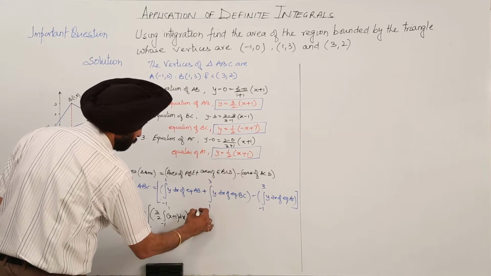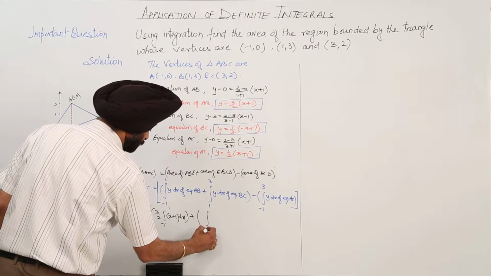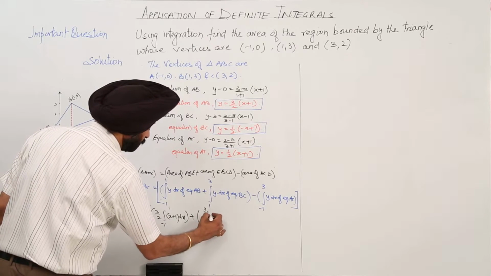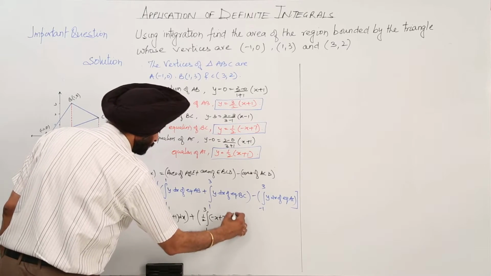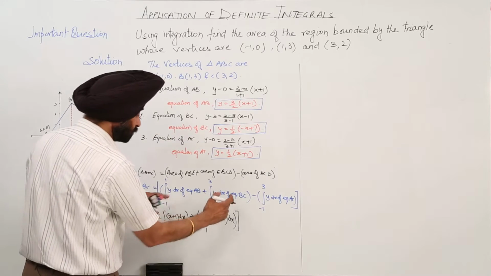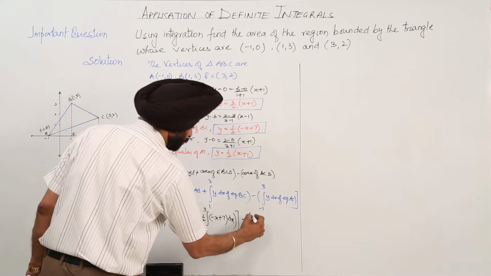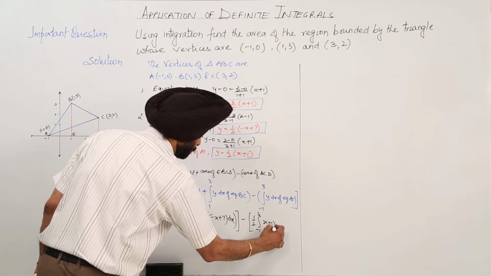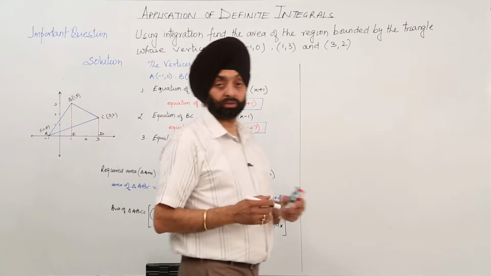Plus, second is the integral from 1 to 3 of y dx of the equation BC, so 1 upon 2 times (minus x plus 7) dx. These two are the positive parts. Minus 1 upon 2 times the integral from minus 1 to 3 of (x plus 1) dx. Is it clear? So now let's solve it.